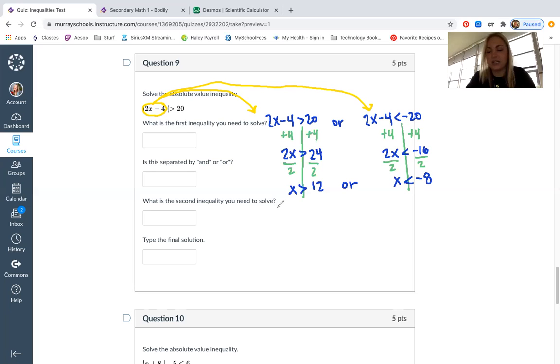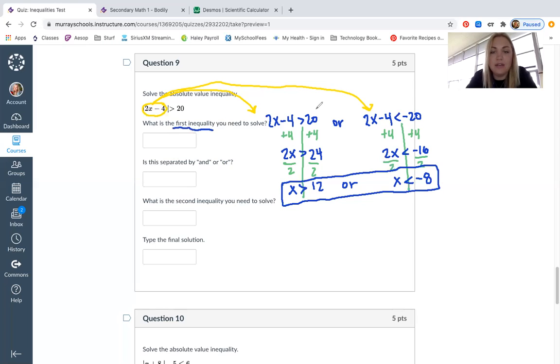Now, I've actually got everything. I did this all, so this is going to be the final answer, but the questions in between are saying, what's the first inequality that you need to solve? Well, that was right here. That first inequality was 2x minus 4 is greater than 20. Then it says, is this an and or an or statement?